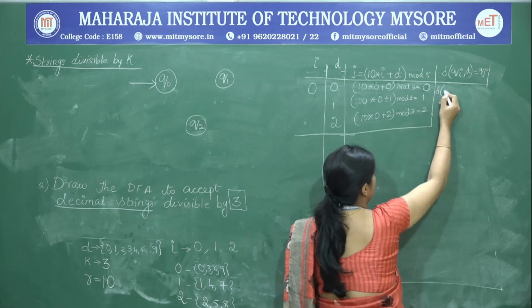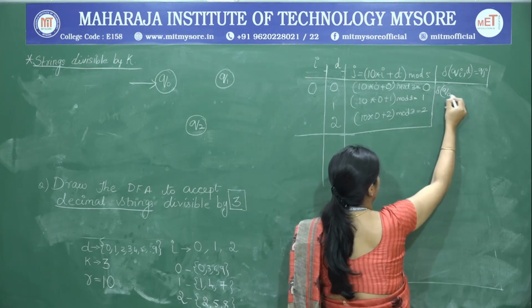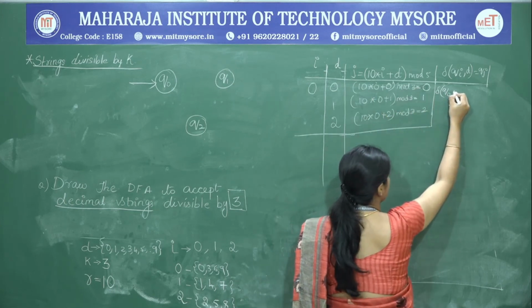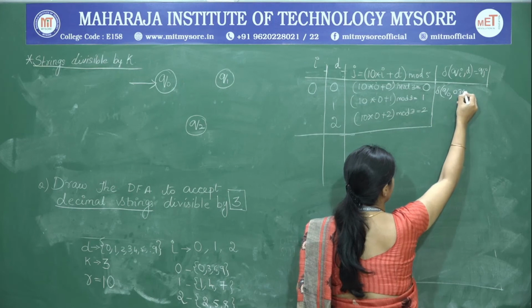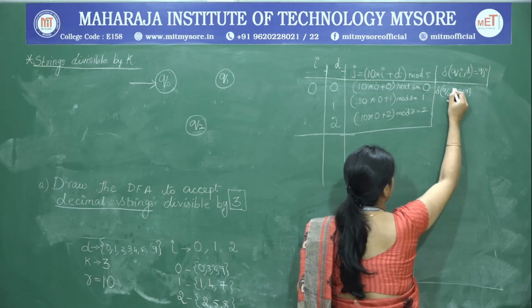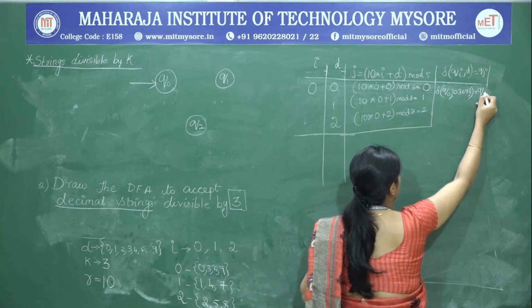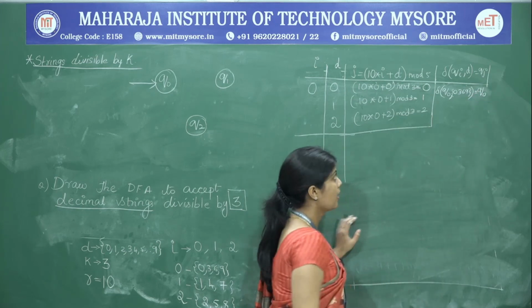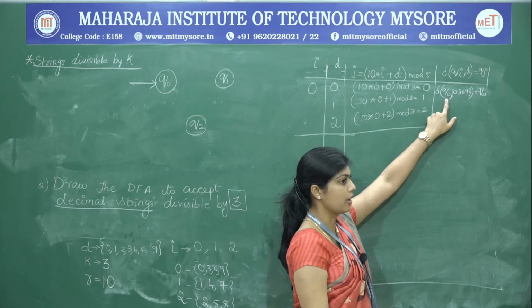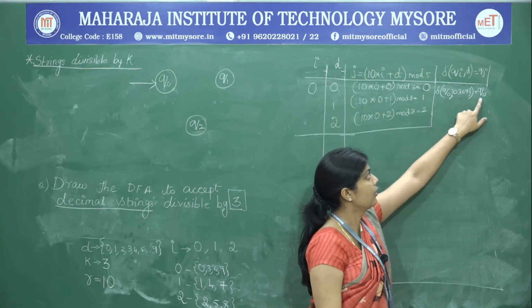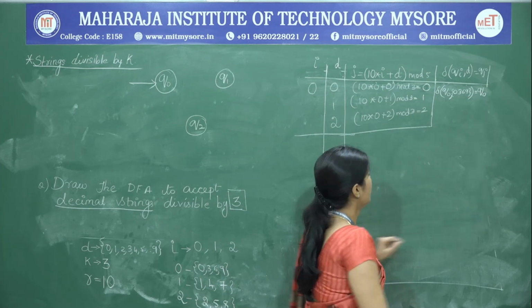So we can frame the transitions here. Delta of q0 comma, we are dealing with the first class, therefore the numbers are 0, 3, 6, 9. These are the input symbols, they are all going to q0. So from the source state, on the input symbols 0, 3, 6 and 9, you go to q0.